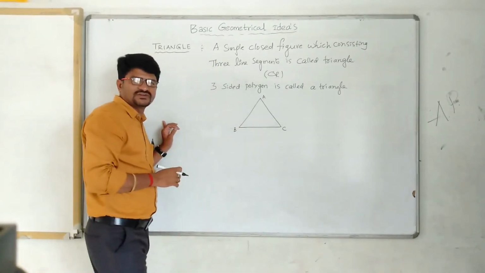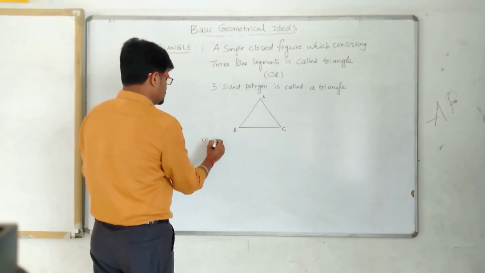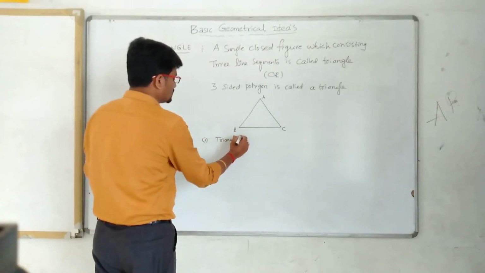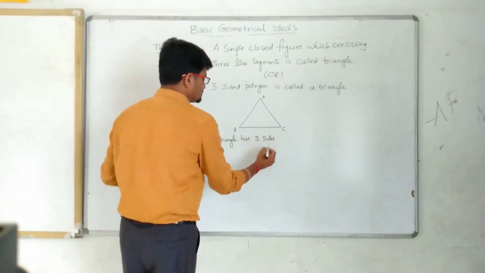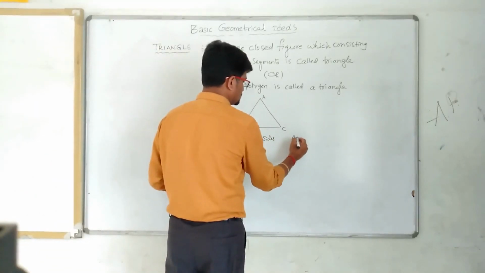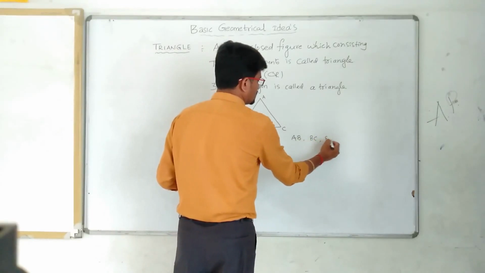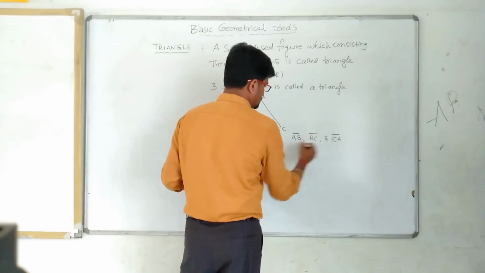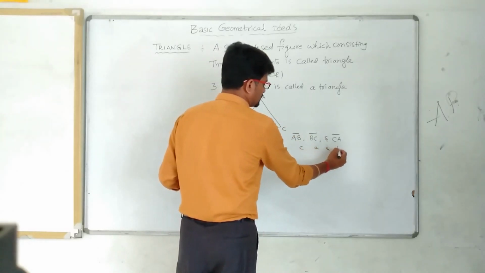So how many sides does a triangle have? A triangle has three sides. That implies AB, BC and CA. This can be written as c, a and b.